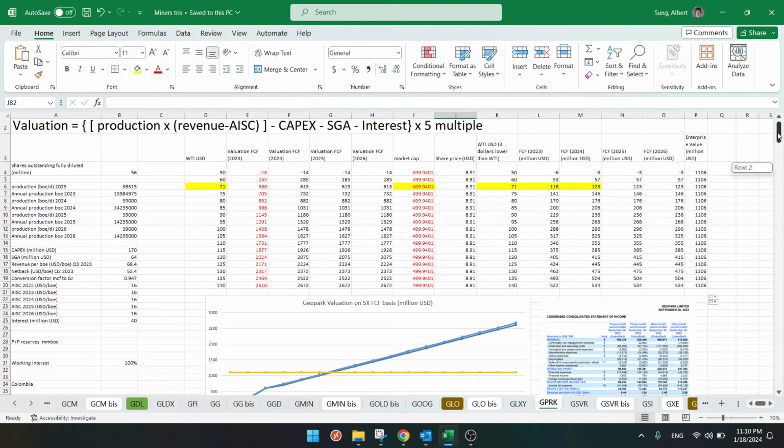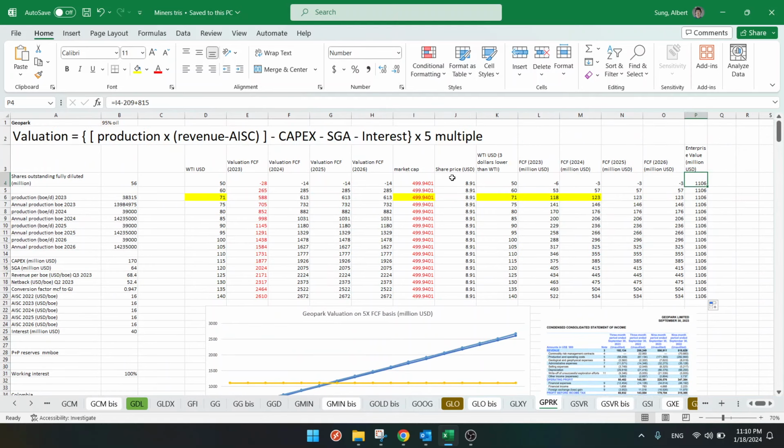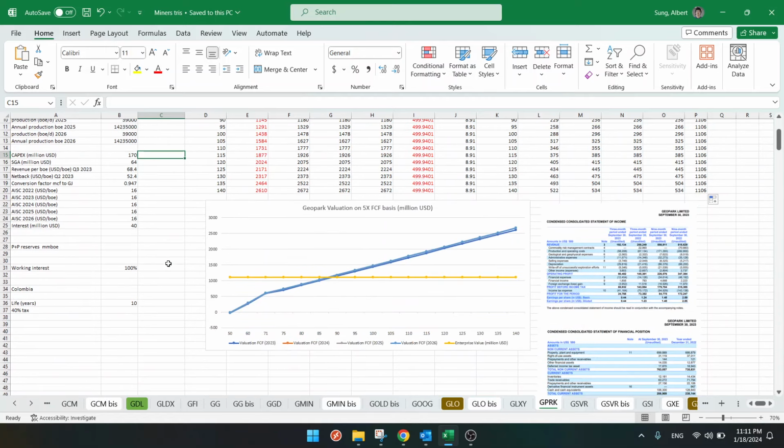Yeah, and that's a problem with highly indebted companies. Market cap 500 million, but this is 1.1 billion in enterprise value. Of course, if oil goes up, then Geopark could get to fair value, but it's a stretch.